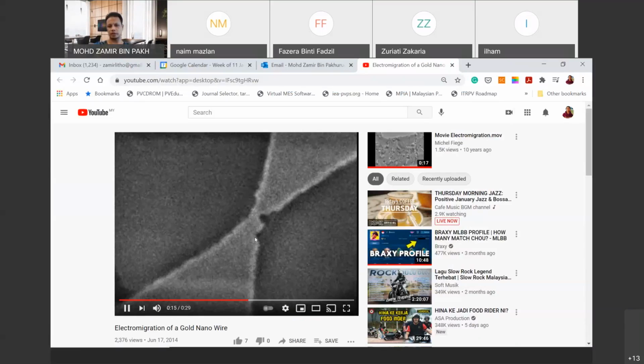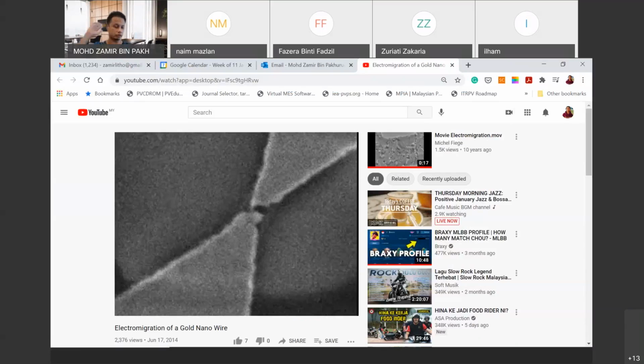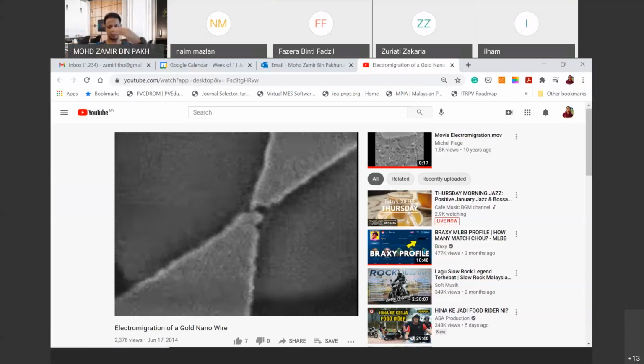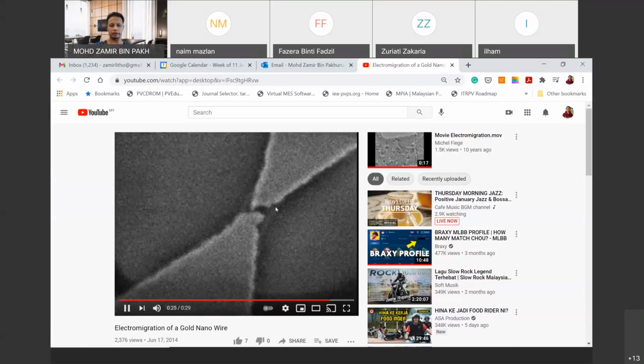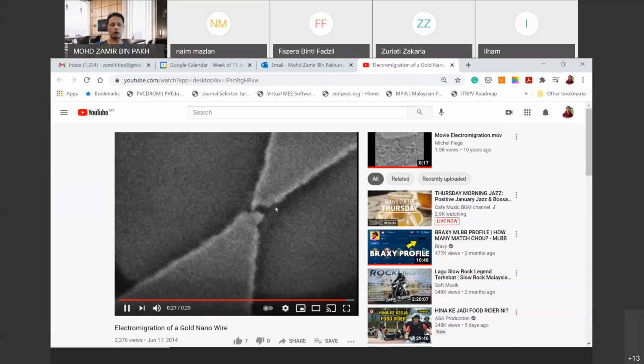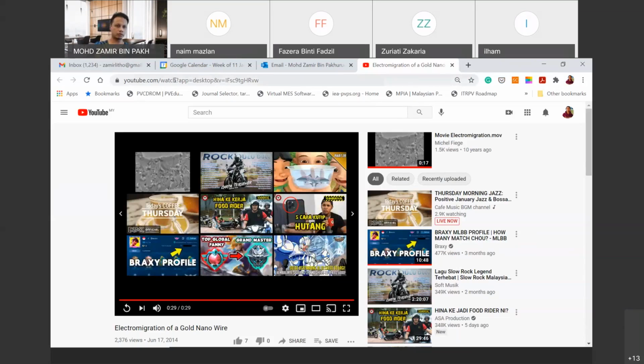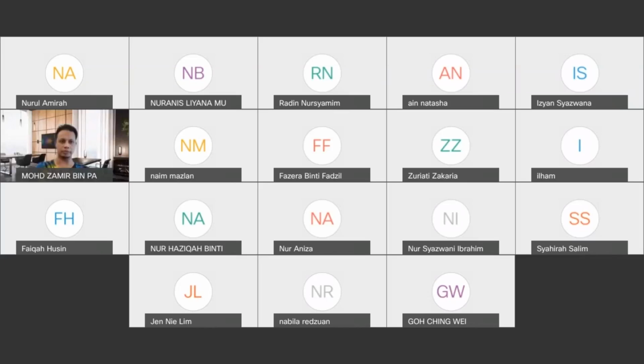So you can see the gold nanowires shrinking sikit kat tengah tu. Then eventually it breaks in the middle. Okay, so that's one of the observations that we can see during electromigration. You can find many more examples online to show electromigration.